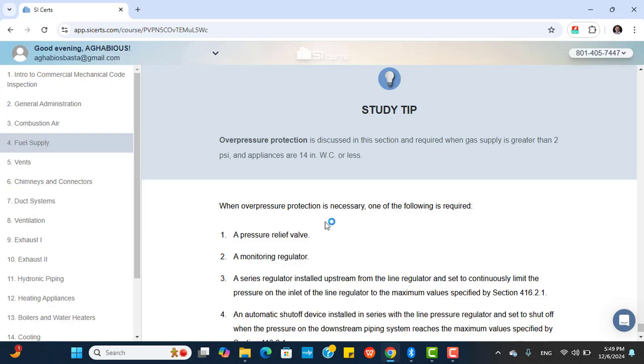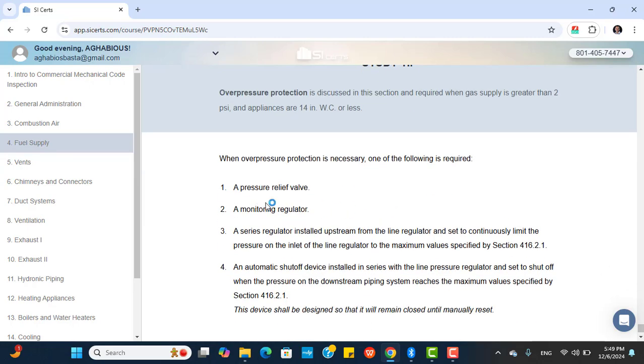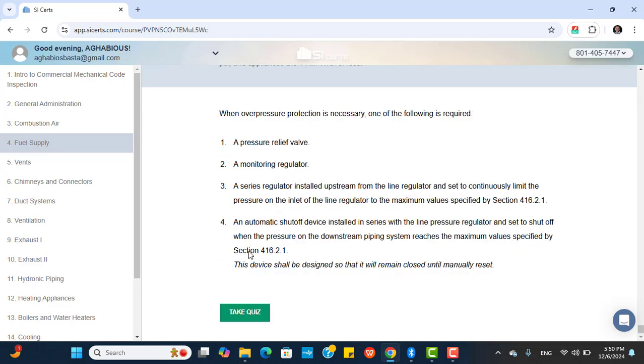When overpressure protection is necessary, one of the following is required: 1. Pressure relief valve. 2. Monitoring regulator. 3. Series regulator installed upstream of the line regulator and set to continuously limit the pressure on the inlet of the line regulator to the maximum value specified in Section 416.2.1. 4.